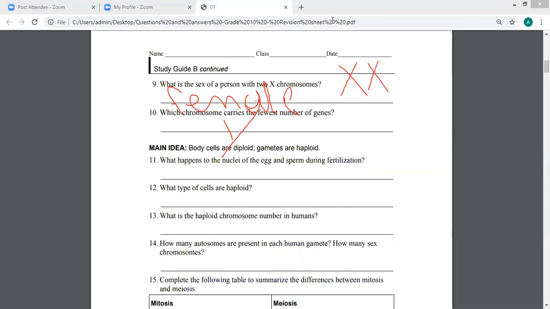Number 11. What happens to the nuclei of the egg and sperm during fertilization? During fertilization, the mating between the male gamete and the female gamete, what happens? What's the meaning of the fertilization process, if you know?